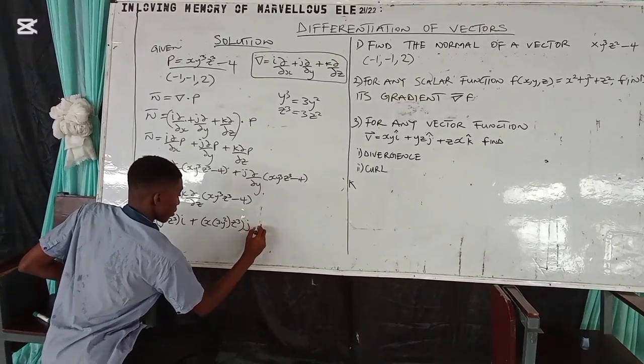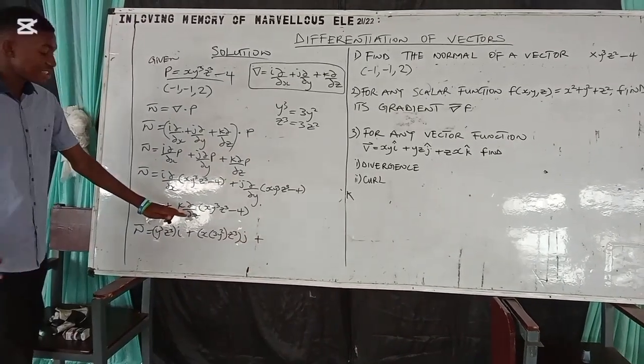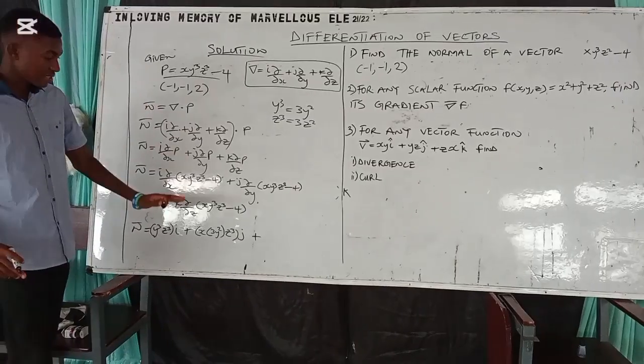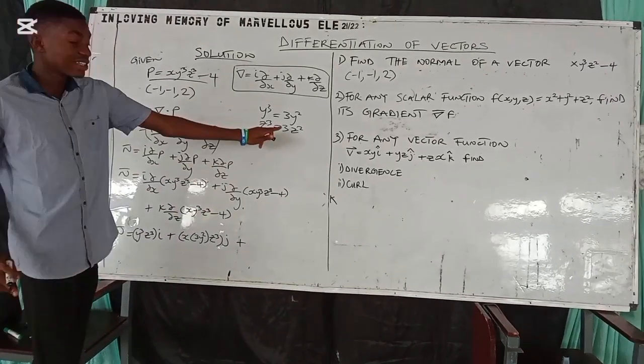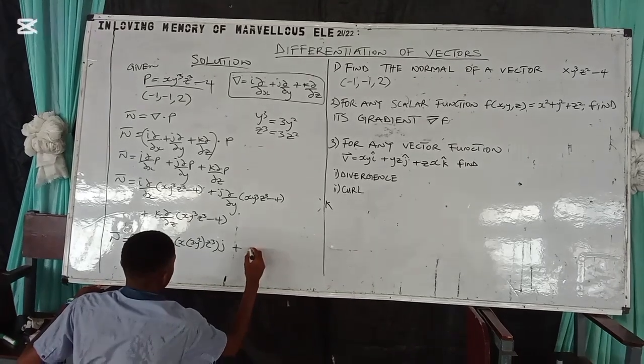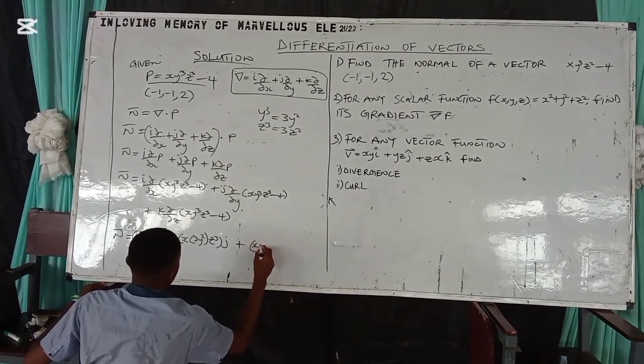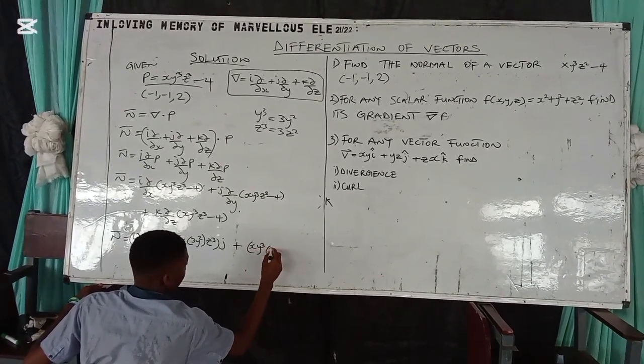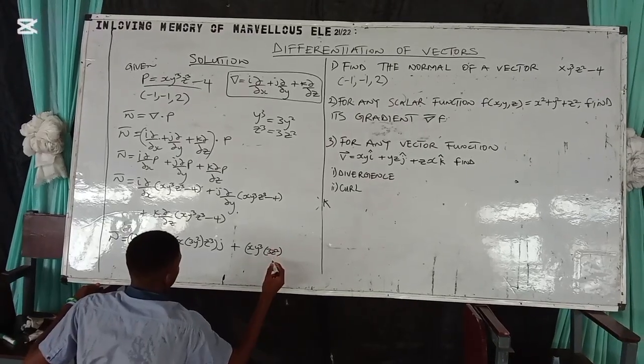Now we differentiate only with respect to z, and differentiating z cubed gives 3z squared. So we have x y cubed times 3z squared.